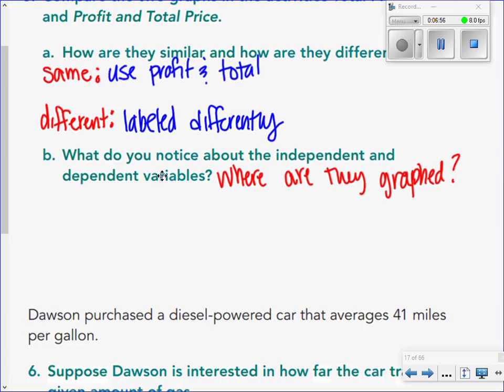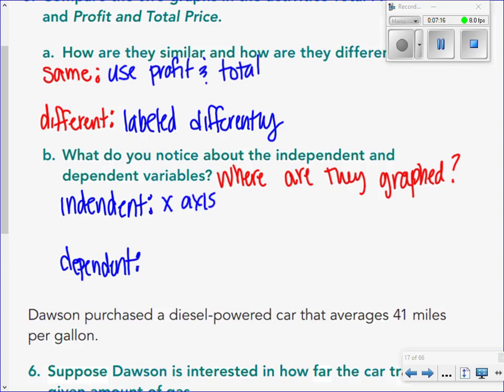We did talk about this yesterday. Where is independent graphed every single time? The independent variable is graphed on which axis? And the dependent variable is graphed on which axis? This is always X. This is always Y. You would think about it as how you plot.